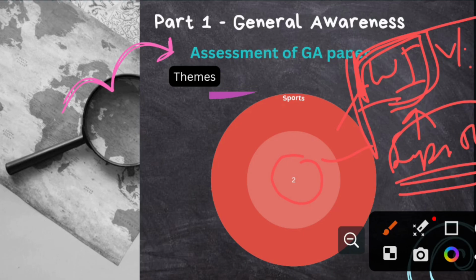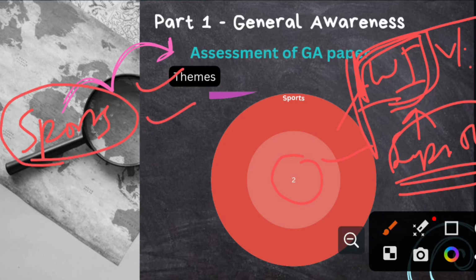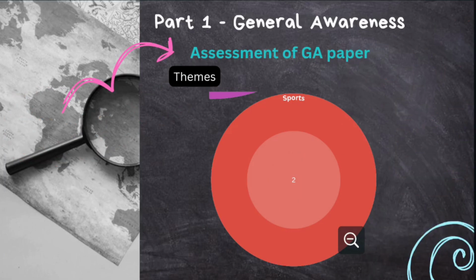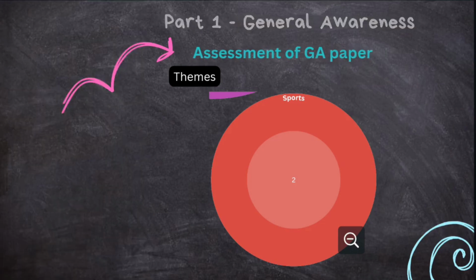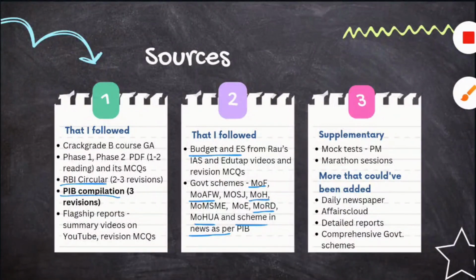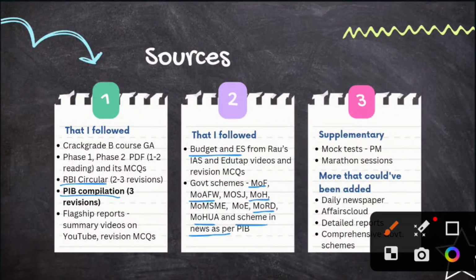So different areas are covered, and you need to be updated with whatever development is there in the news. And the good thing is that in the compilations you will find a separate section for sports as well, so you can rely on this section and you don't need to go very deep. You just need superficial information about what it is and any development in any particular sport.